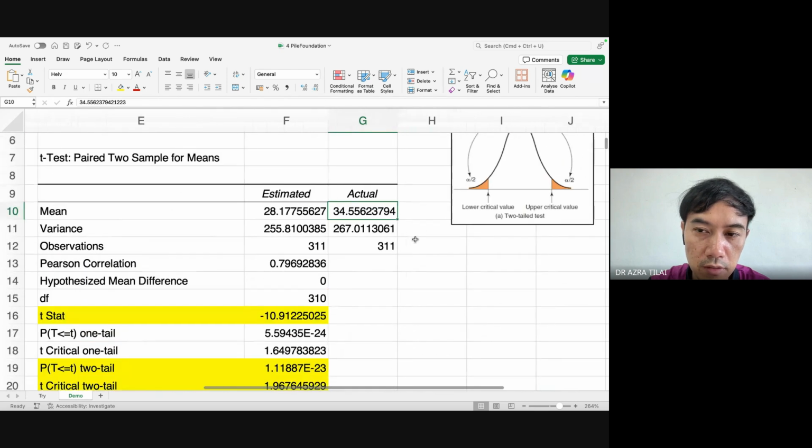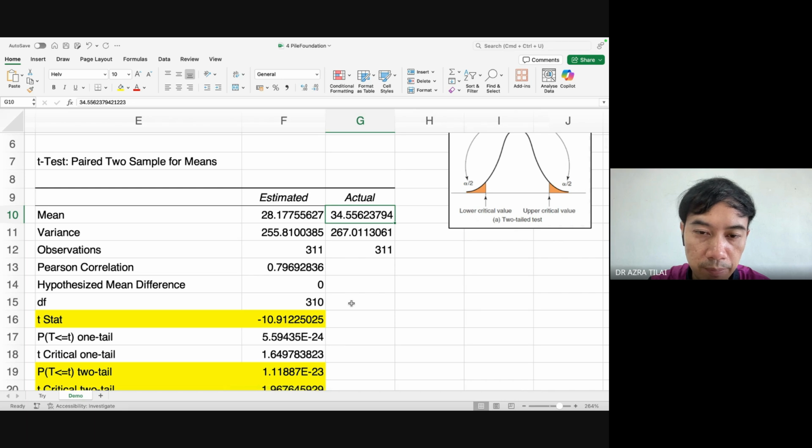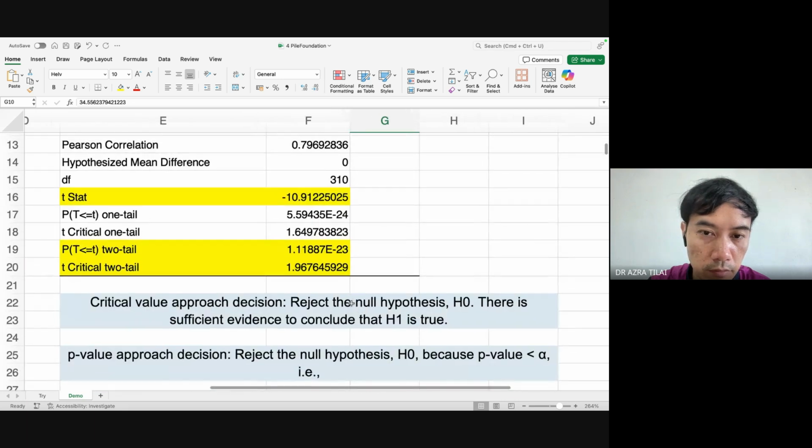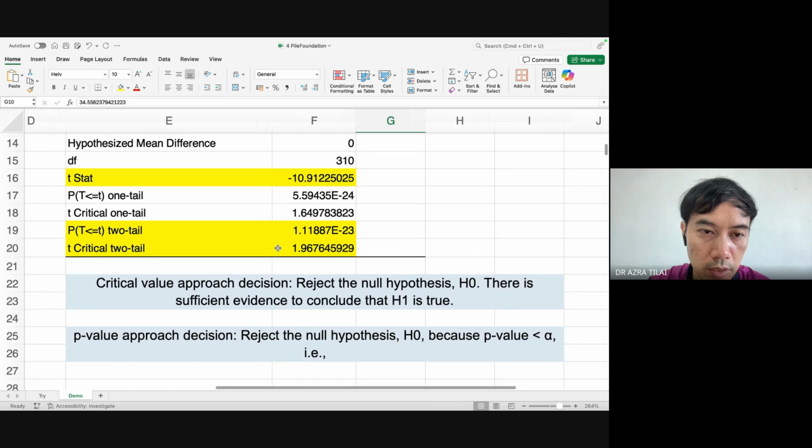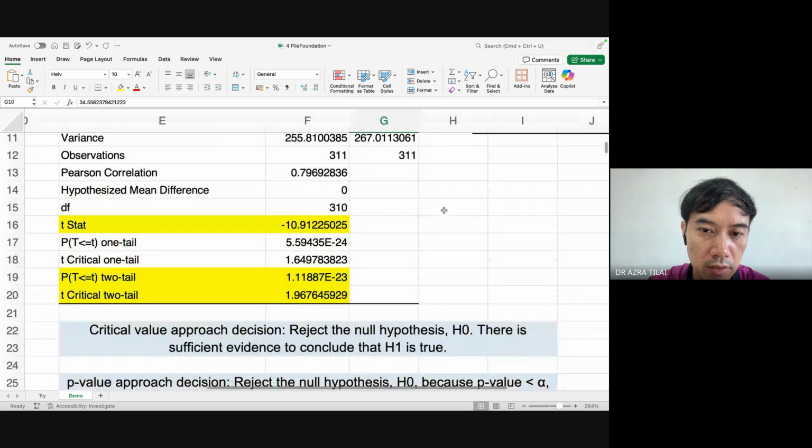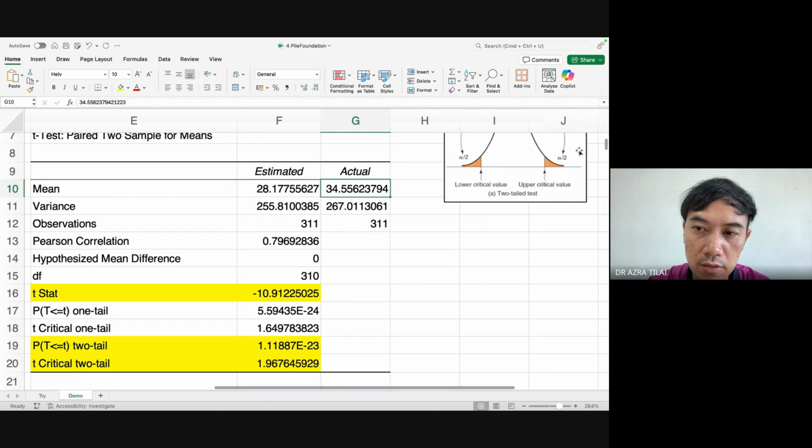Okay, so it's in the rejection region. So if we use the two-tail, it's 1.96. So it's very much outside of this tail, not within this region here, this 0.95.